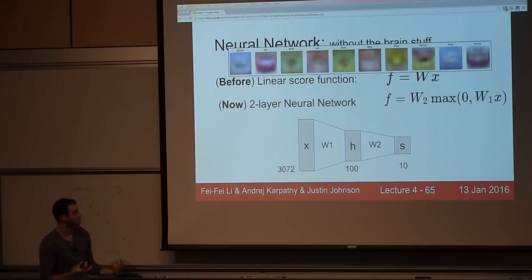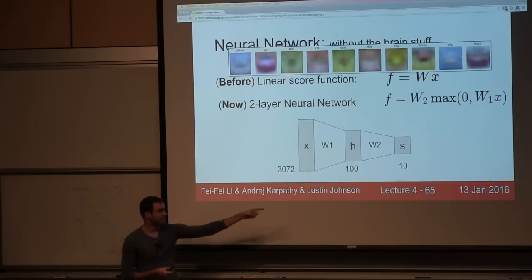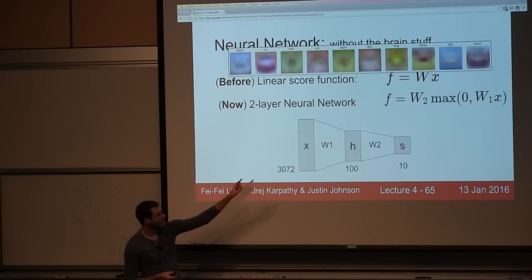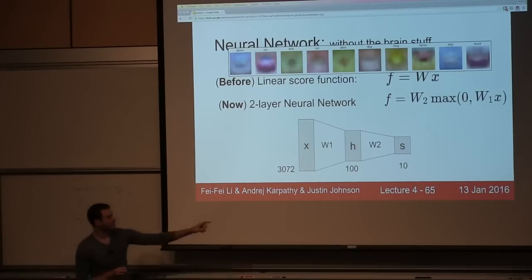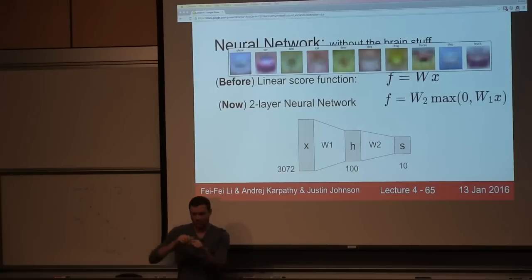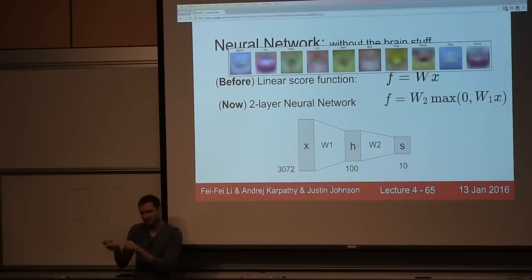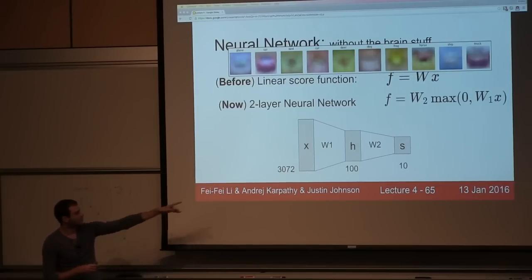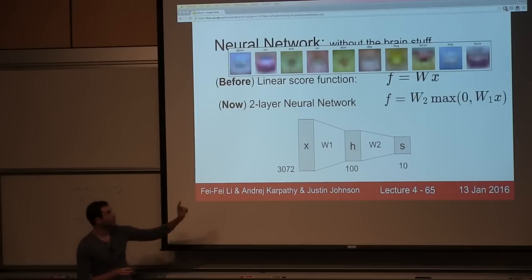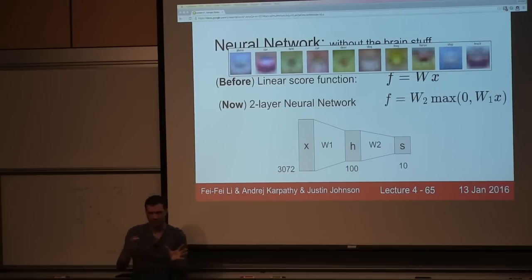That wasn't very natural to do. But now we have 100 numbers in this intermediate layer, and so you might imagine, for example, that one of those numbers could be just picking up on a red car facing forward. It's just classifying, is there a red car facing forward? Another one could be a red car facing slightly to the left, or slightly to the right. And those elements of h would only become positive if they find that thing in the image. Otherwise, they stay at 0. And another h might look for green cars or yellow cars or whatever else in different orientations. So now we can have a template for all these different modes.